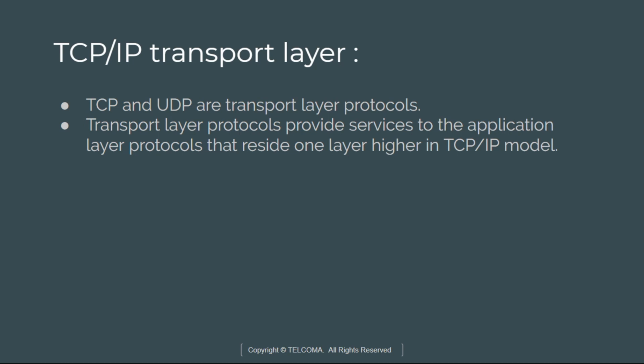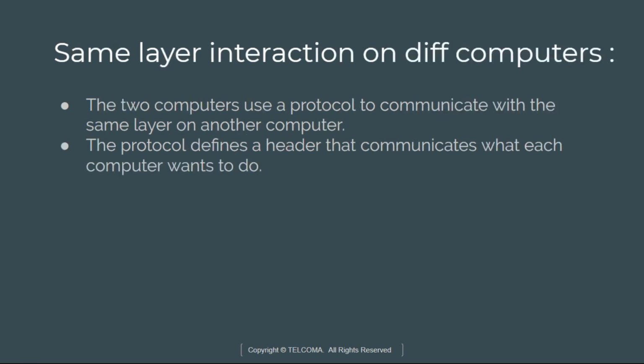TCP/IP needs a mechanism to guarantee delivery of data across a network. TCP uses the concept of acknowledgements. The TCP header shows a sequence number for each message. This TCP message is called a segment. The sequence number is represented as SEQ.